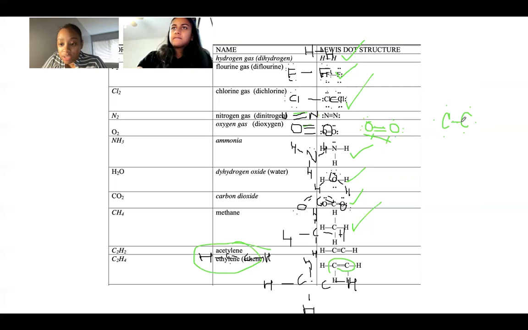So this could share an electron, this could share an electron, and this could share an electron. And then it was acetylene, right? So this hydrogen has 1, then hydrogen again has 1 on this side. So those can share an electron, and that could be a full octet, right? So that's why this is the answer to that.